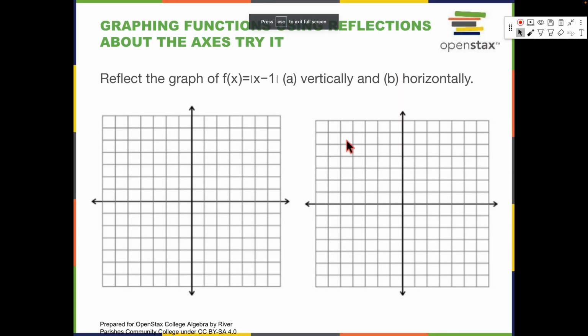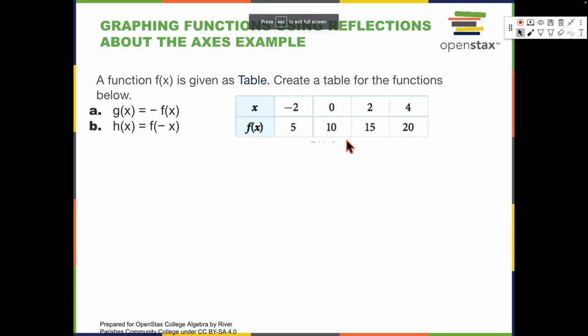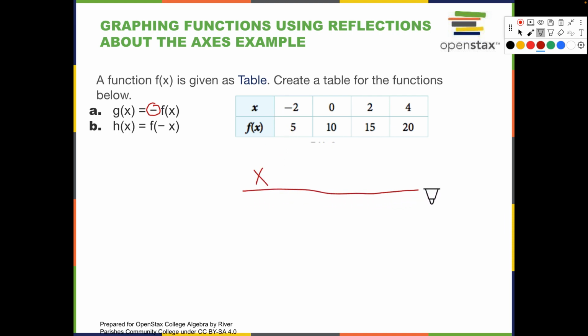Okay, so we got that. How does that look with the table? So for A, we're going to recreate a new function. Where is the negative going to go, on the X or on the Y? The Y. So we'll make up a new table.